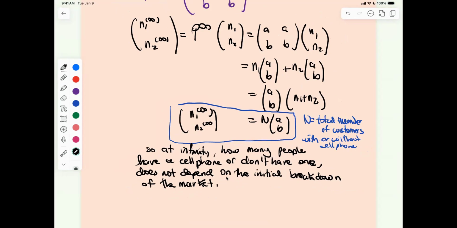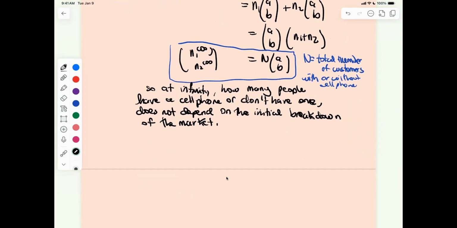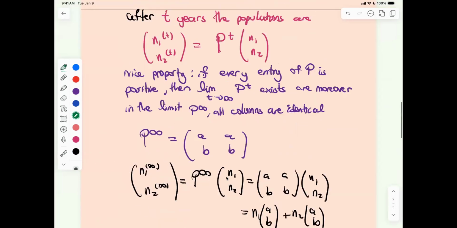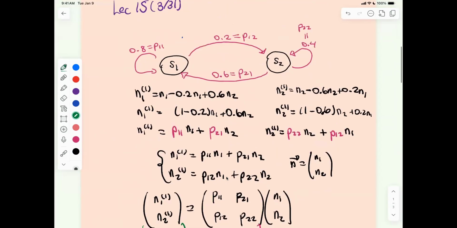So for the particular matrix that we were talking about, just to make it a bit more concrete, for our matrix P, what was the matrix that we had? I think I had written it before.